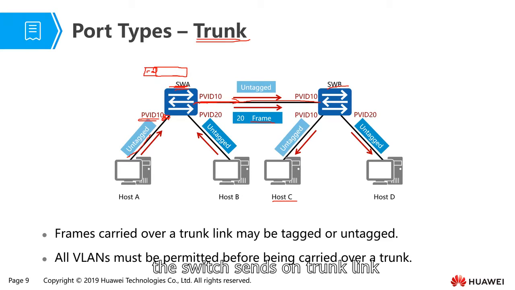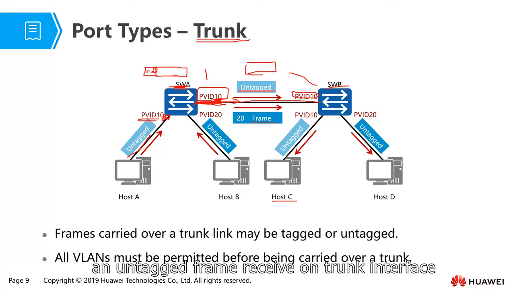Usually the switch sends on a trunk link with the tag, but there's one exception. This interface sets the PVID to 10. That means when a frame belonging to VLAN 10 is sent out this interface, the frame will be untagged. On switch B, the PVID is also 10.